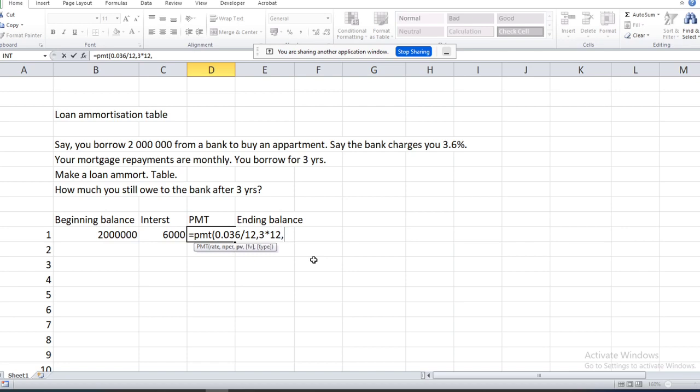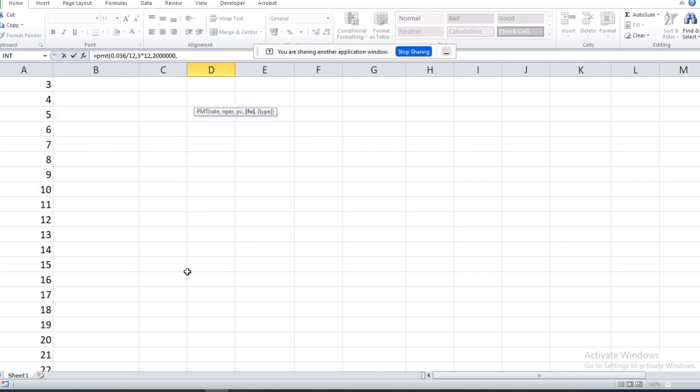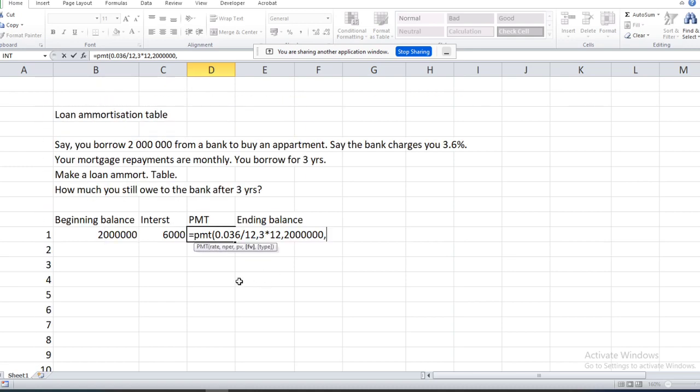The PV: right now you're going to get 2 million from the bank. That's a positive number. You're going to get it right now. And FV by the end of 36 months, once you finish with your regular payments, is there going to be anything else to pay to the bank? Hopefully not. So FV is going to be 0. Okay. Ignore the type, it's a regular annuity because you're going to pay at the end of every month.